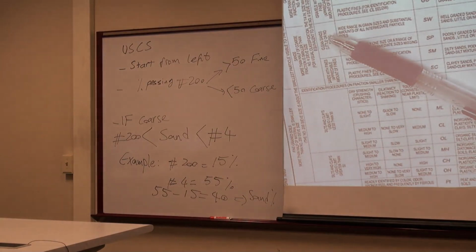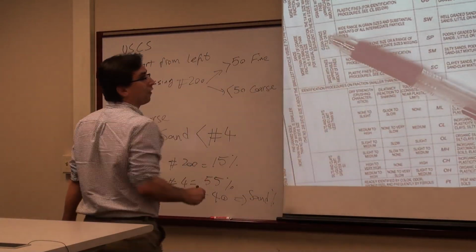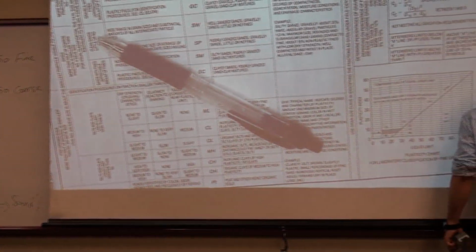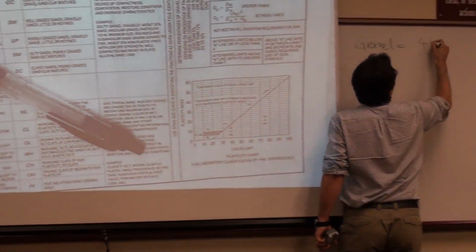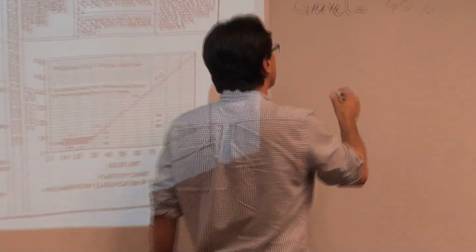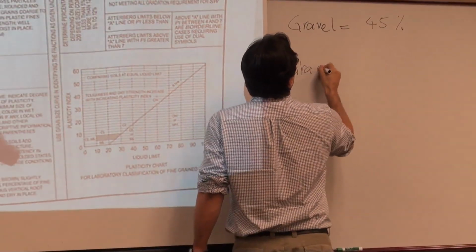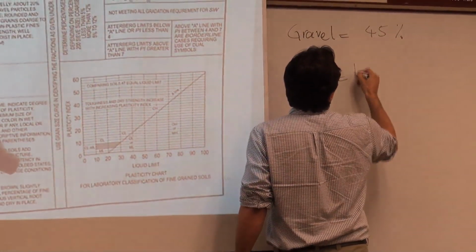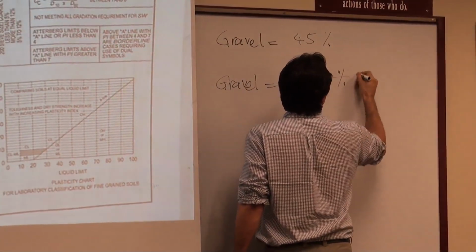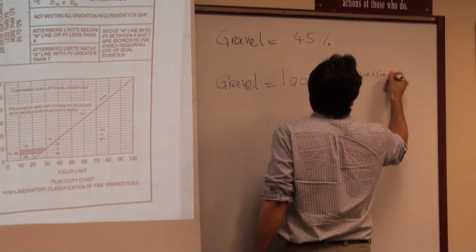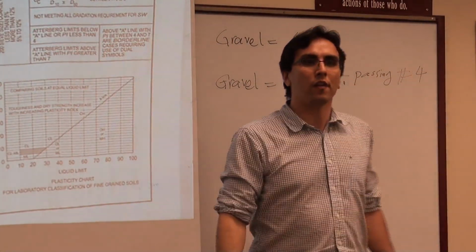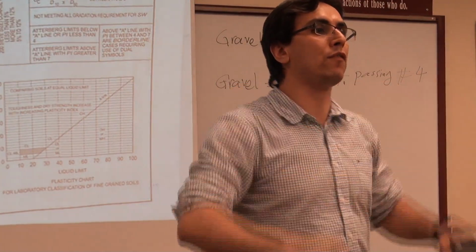It means that gravel is 45%, just for this example. But in general, gravel can be found by 100 minus the percentage passing from sieve number 4. It means anything retained on sieve number 4 is gravel.